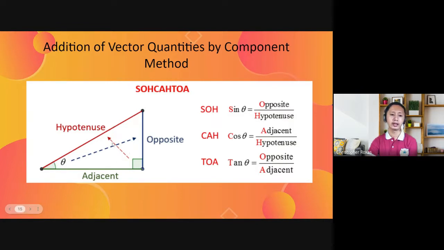Opposite theta is this side, so we call it the opposite side. And adjacent to theta, we have the adjacent side here. Okay? And of course, you have the hypotenuse here. So we will discuss this in detail later on. But let me give you a brief overview of what the component method is all about.